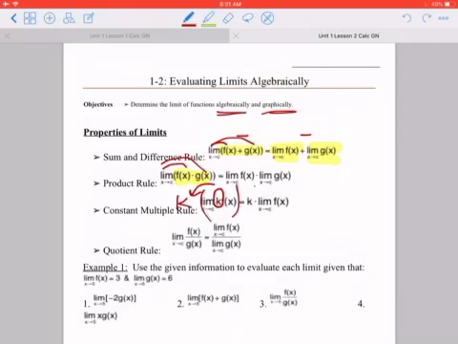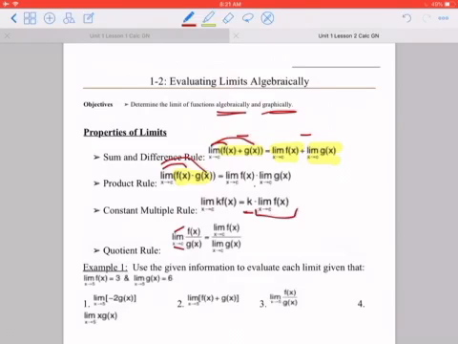Okay, let me erase that, but that is what's happening here. So it'd be the same thing as pulling your constant out front and then finding the limit and multiplying them together at the end. Okay, and the quotient rule is kind of like the other rules where you're just distributing the limit to both and then dividing at the end.